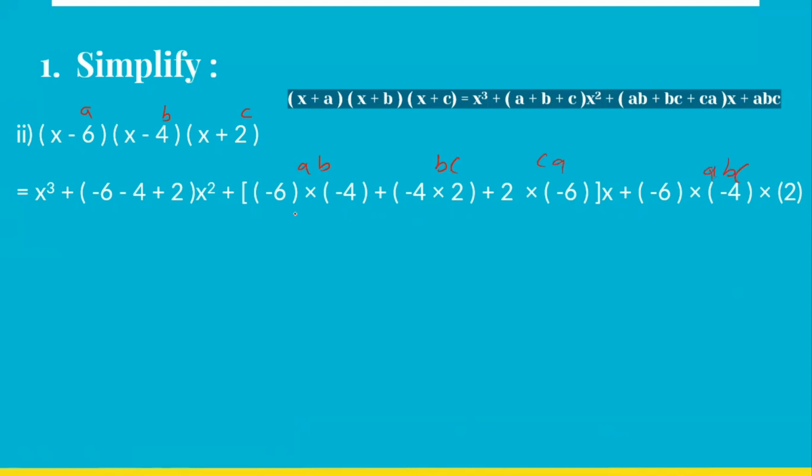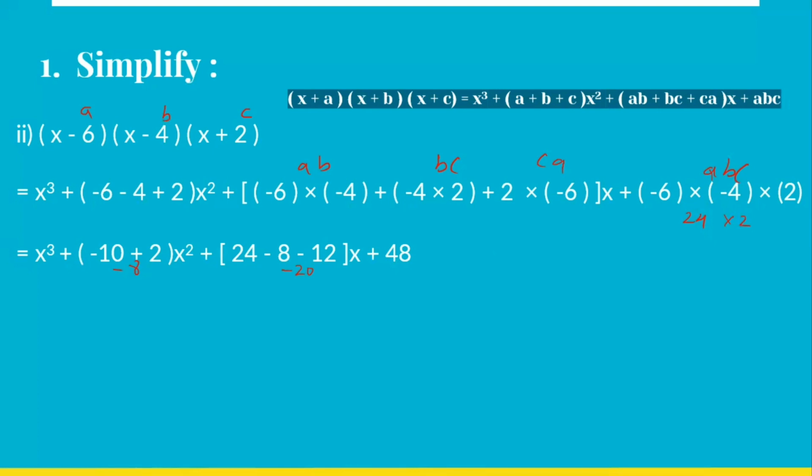On simplifying this, minus 6 minus 4 is minus 10 and minus 10 plus 2 you are going to get as minus 8. This, when you simplify, you can add these two together. Minus 8 minus 12 is going to be minus 20 and 24 minus 20 is going to be 4. And the last one here, children, minus 6 into minus 4 is going to be positive 24 and positive 24 into 2 is going to be positive 48.